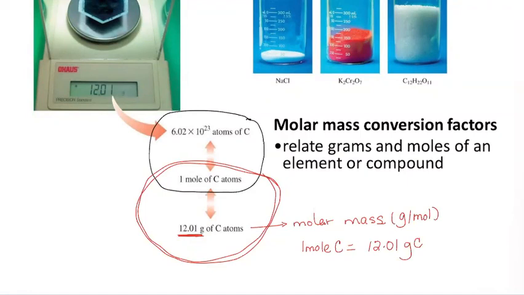But the top loading balances that we have in the laboratory are not measuring mole quantities. What we can measure is grams. So that's why it's so essential that we're able to convert from moles to grams, so we're able to weigh out the amount of a particular element or compound that is required in our reaction.